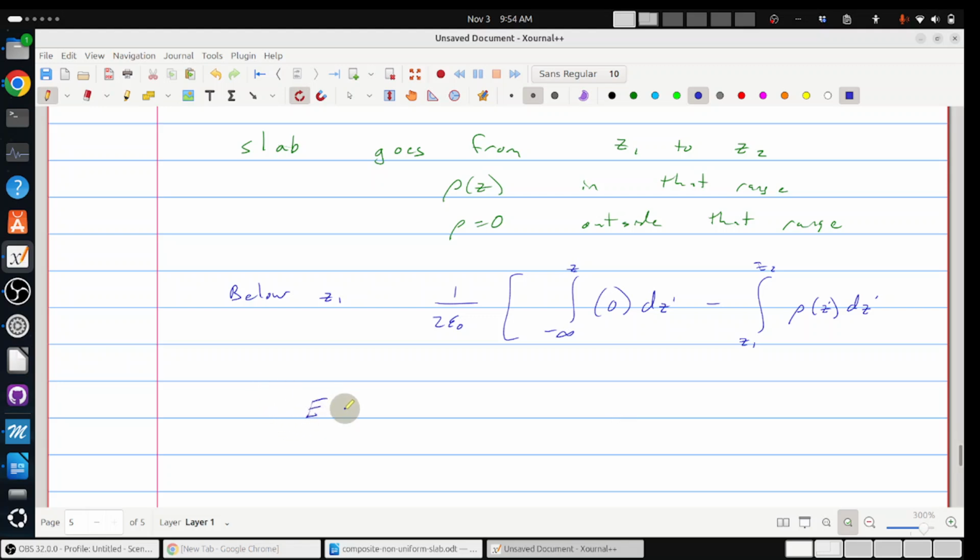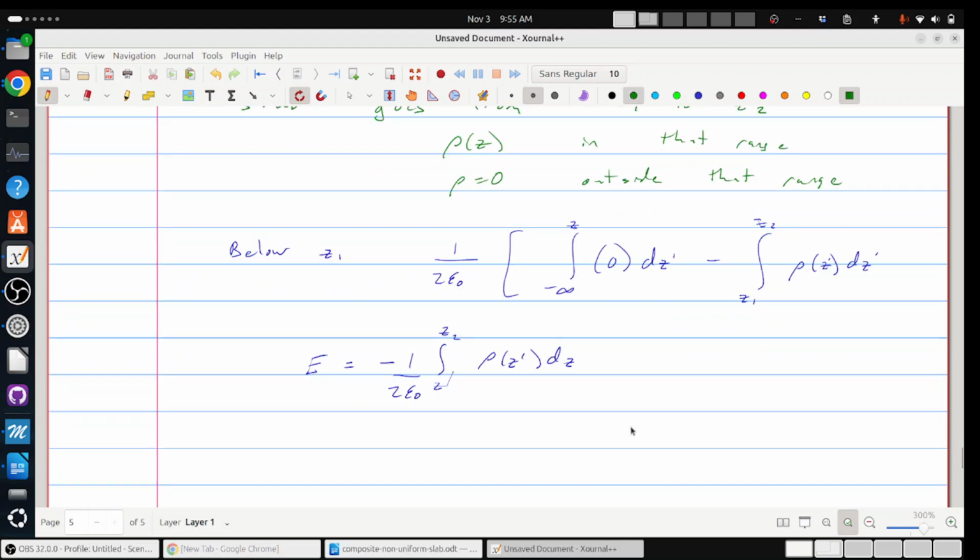And so my E field is going to have a minus the integral of, well, there's going to be a 1 over 2 epsilon naught, Z1 to Z2 of rho of Z prime dz. And from our previous discussion, I can think about this as being the equivalent surface charge density.